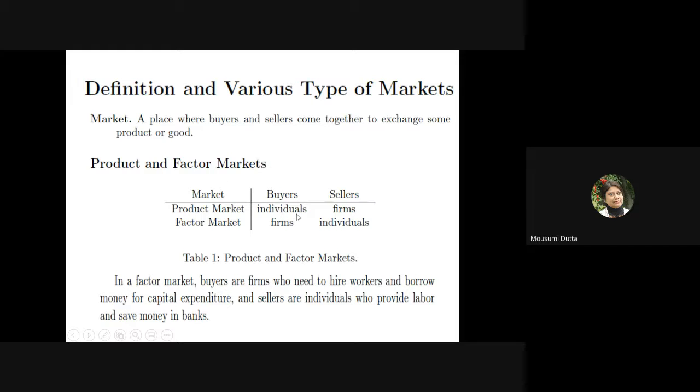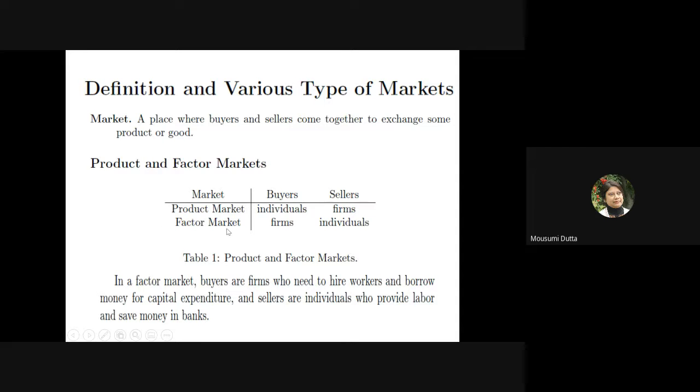So as our family, you can think, or as an individual, we buy commodities. So we are the buyers in the commodity market. And different industries or firms are the sellers, because they are producing the commodities and bringing them to the market.